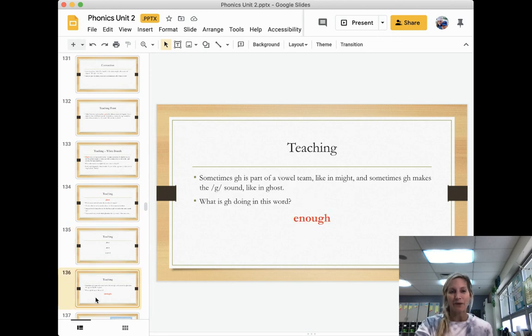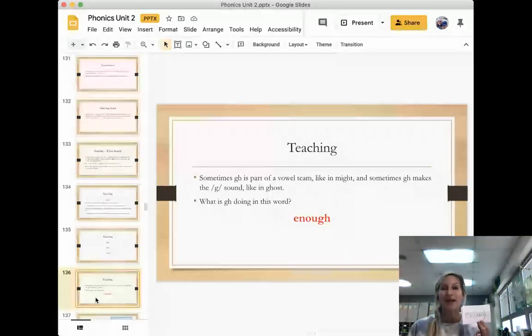Now, the other one that is a little bit tricky, tell me what it's doing in this word, in enough. Enough. You see the GH there, right? But what is the GH doing in enough? It's making what sound? It's making the F sound, isn't it? Gosh, that is a little bit tricky.